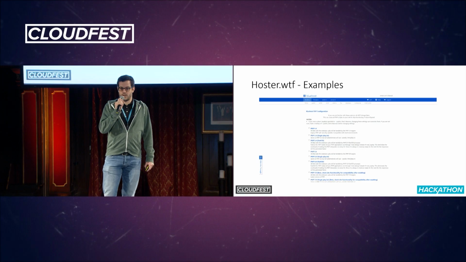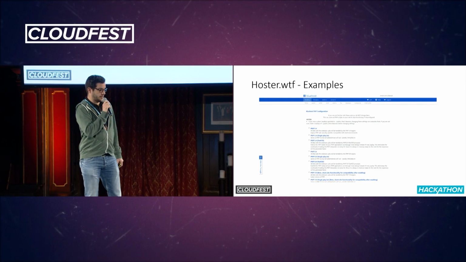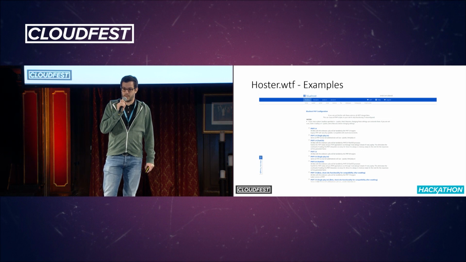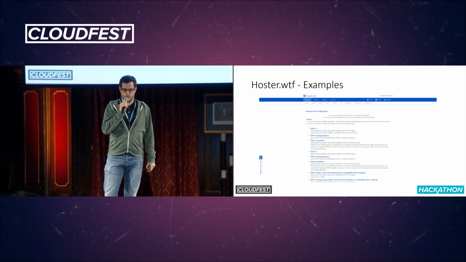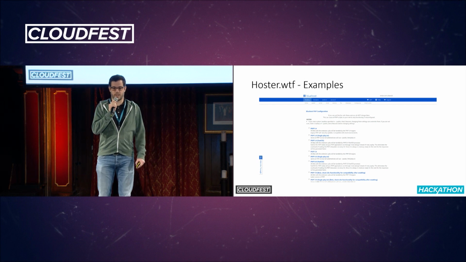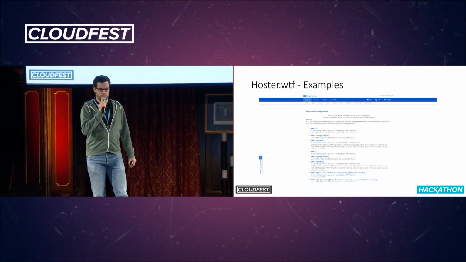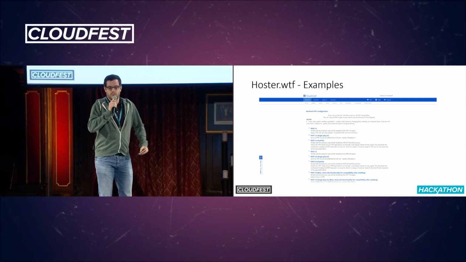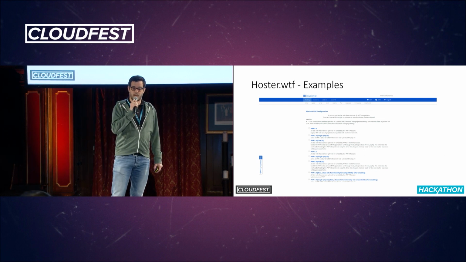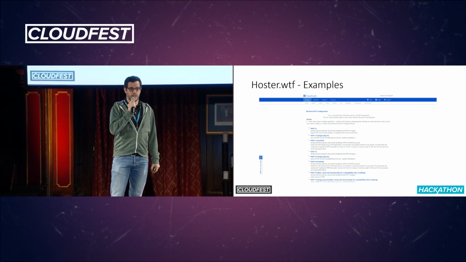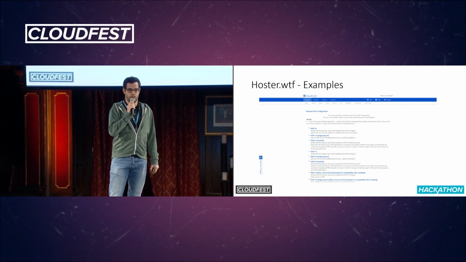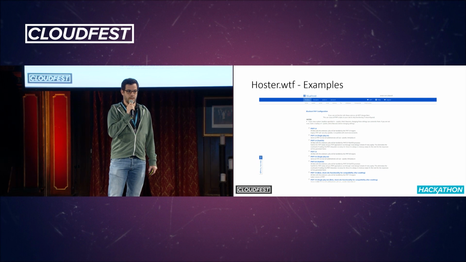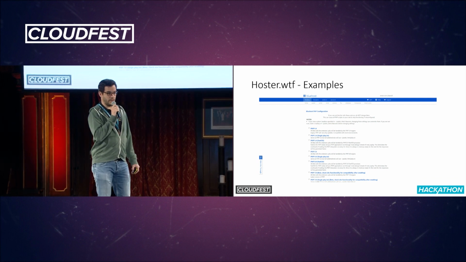I think Jan has that as a result of his team too, that many hosters still provide old PHP versions. The expected behavior would be to have at least one supported version of PHP. So that was the Hoster WTF project, and we think we have a lot to do at this point, and there are many opportunities for the next hackathons.